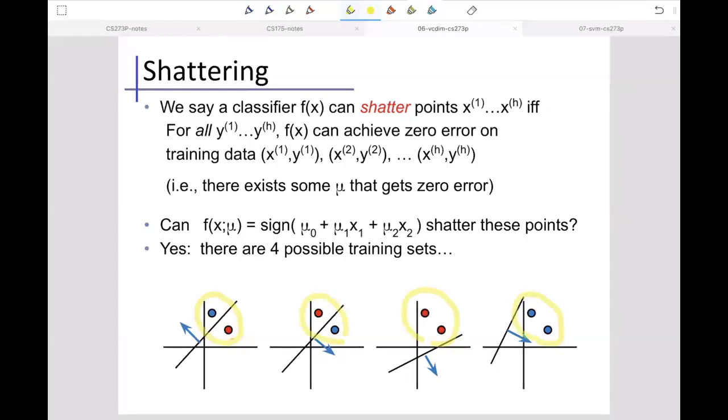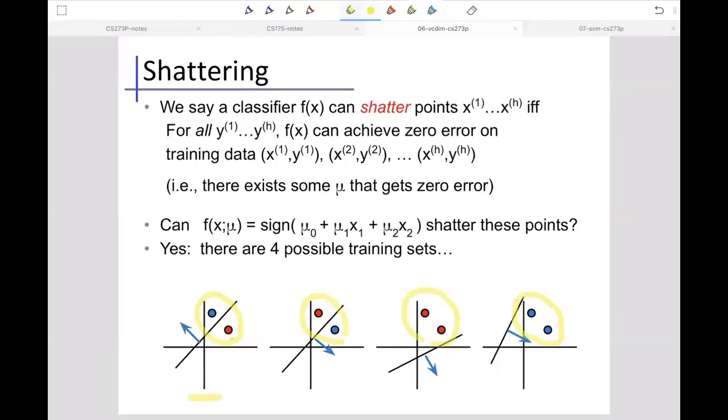It could be -1, +1, or +1, -1, or both +1, or both -1. So that's 4 possible label assignments. And then for each scenario, we want to say whether we can come up with a model to correctly predict this label assignment.